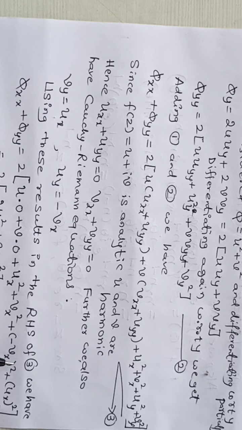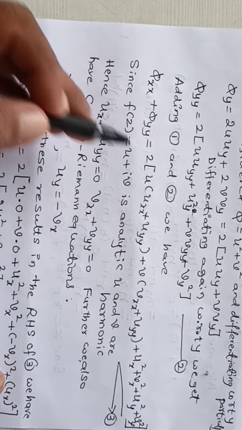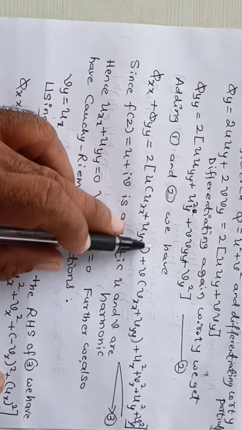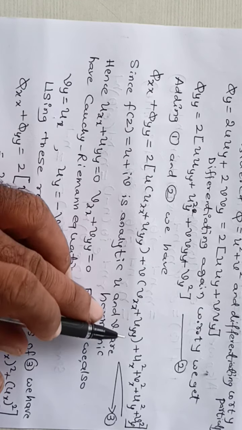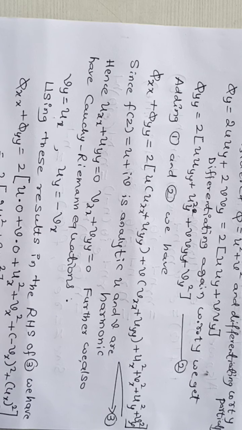Using these results in the right-hand side of 3, we have φxx + φyy = 2[u times 0 plus v times 0, and apply this one.